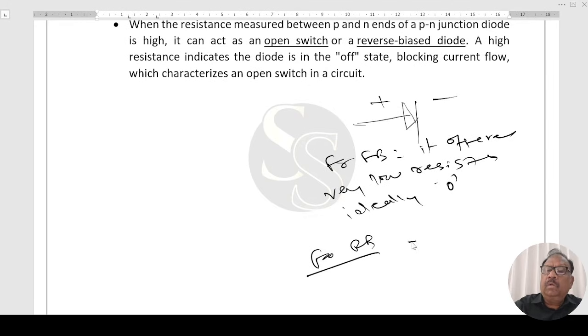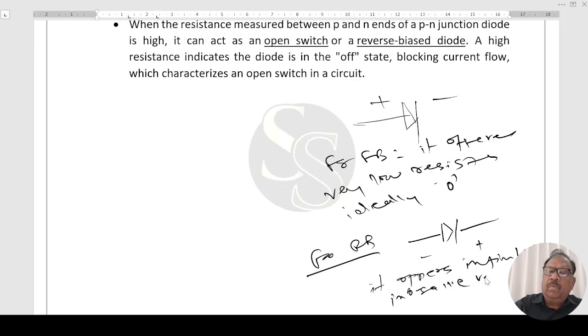And for reverse biasing, if you make this negative and this positive, that is the reverse biasing. It offers infinite resistance. That is very high resistance.